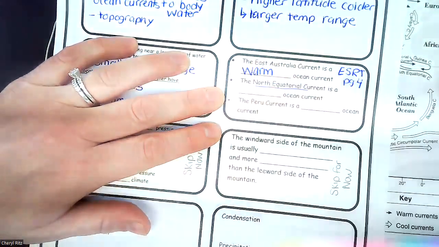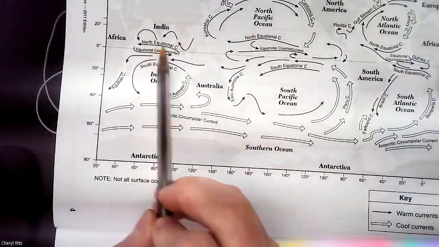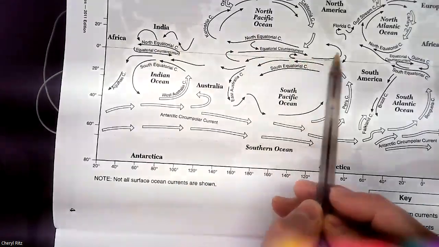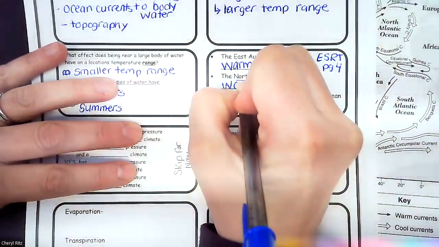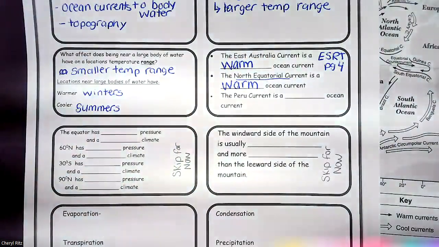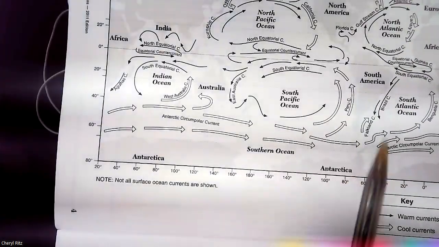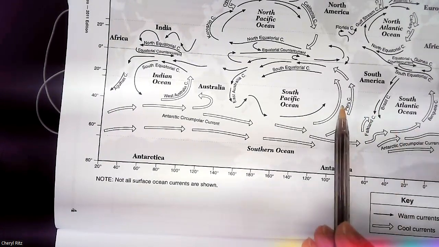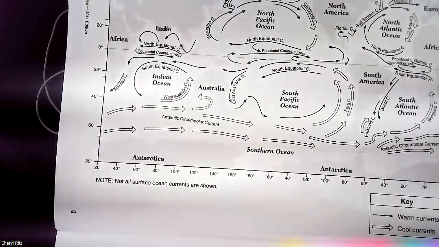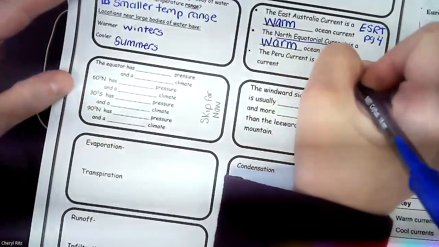Your hint here is we are north equatorial. So that means you're slightly north of the equator. You can see again, those are black arrows, so they are the warm ocean currents. And the Peru current, maybe you know this, maybe you don't. Peru is in South America. So that's your hint. It's a block arrow, so that's a cool ocean current.